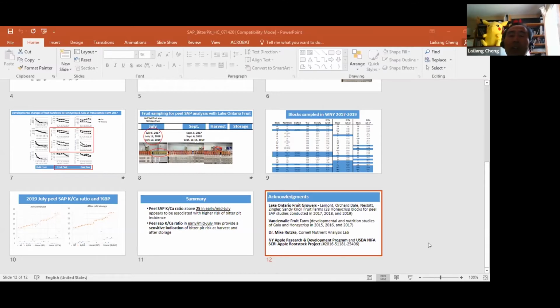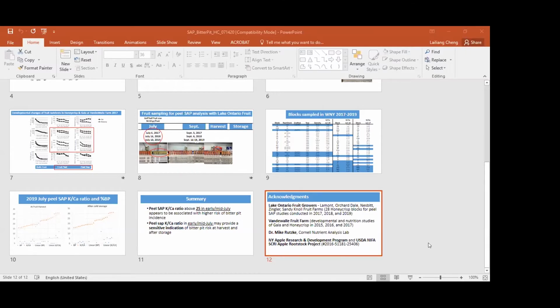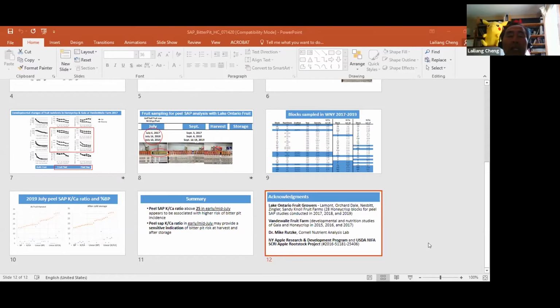Similar results, but we think the peel sap analysis is more sensitive because it measures the water-soluble portion of the nutrients. So you don't need to worry about the structural part. I think that this is particularly the case for potassium, and also to some extent for calcium.